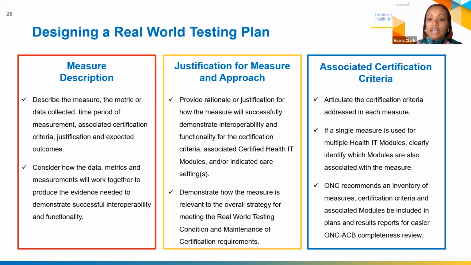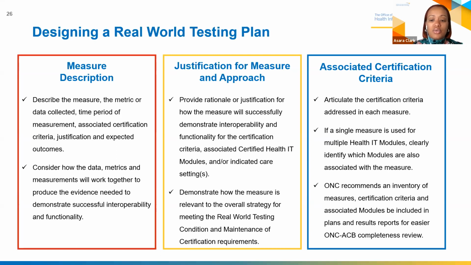And then the associated certification criteria, you want to be sure to articulate the certification criteria addressed in each measure. Okay, so for the measure you have to be specific about which certification criteria within the scope of your certification the measure is addressing. If you're using a single measure for multiple health IT modules, you want to clearly identify that.